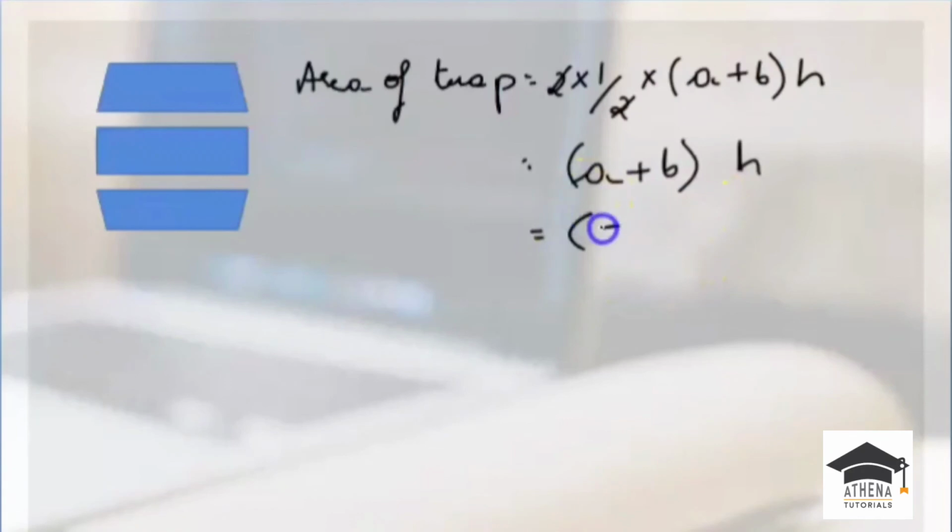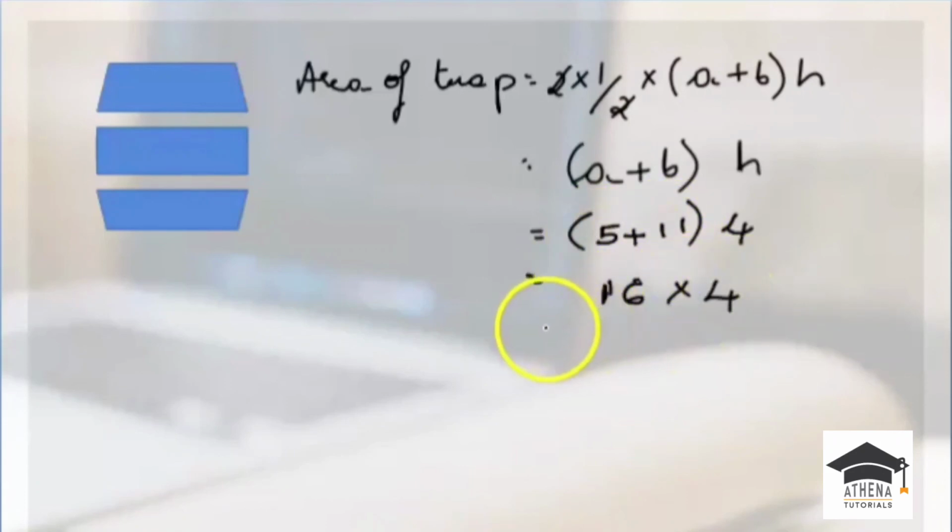So 5 plus 11 into height is 4. So 16, 11 plus 5, 16 into 4. This will be 6 4s are 24, 4 1s are 4 plus 2 is 6. 64 meter square. Right. Now let's find the area of rectangle.